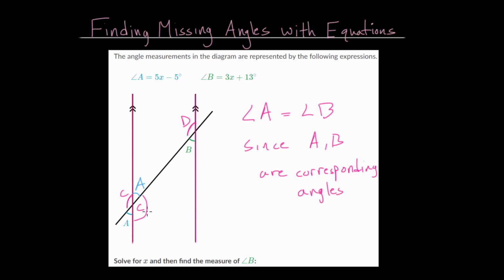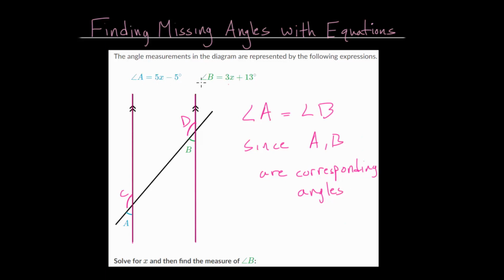That's because A and C are supplementary and A and B are equal. So B and C would be supplementary as well. Those facts will come up in later problems, but for this problem, we just need to know that A and B are corresponding, and therefore they are equal angles.